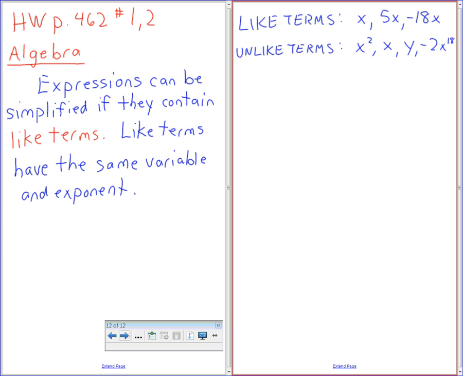Okay, so we're going to say algebraic expressions with one or more terms are called polynomials.